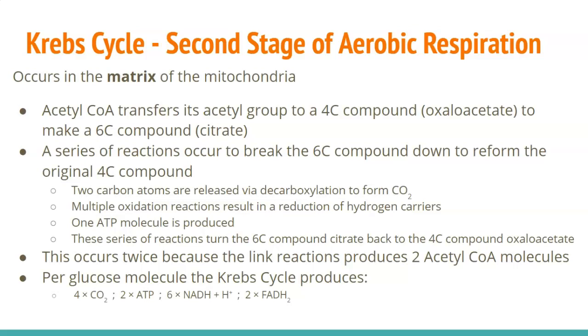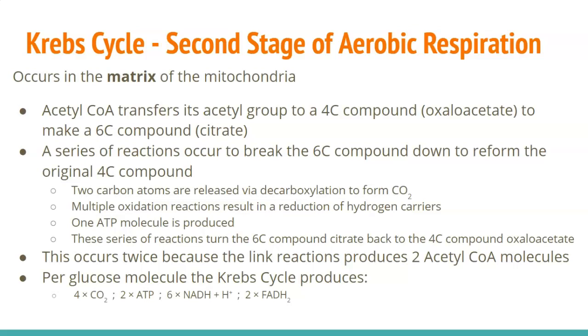That's a real fancy word, and I'm not going to ask you about it, but I wanted to be as thorough as possible because this is a complicated thing, and any extra information is probably going to help you make sense of all of these terms. So acetyl-CoA, which is a 2C compound, transfers its acetyl group to a 4C compound to make a 6-carbon compound called citrate.